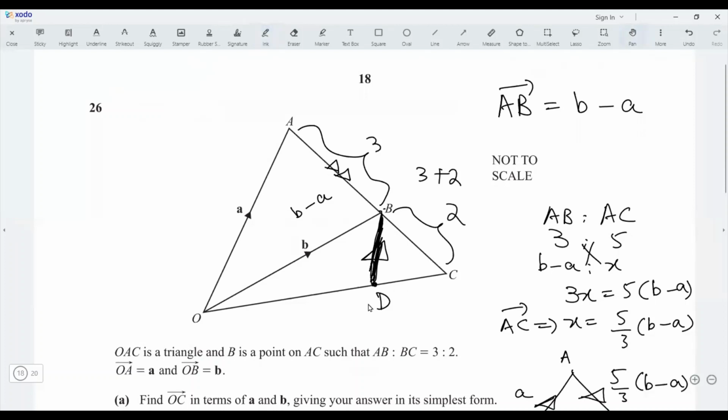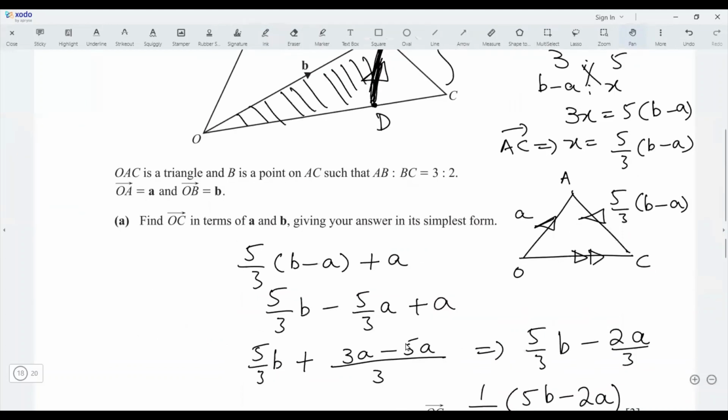If it is so, we need to find the BD vector first. Then we can tell whether it is a trapezium or not. So how can we find BD? For finding the value of BD, I'm just using the OBD vector. I already know the OD vector.